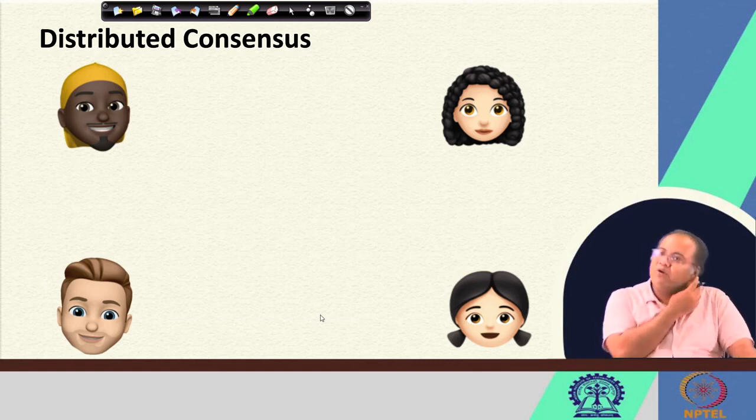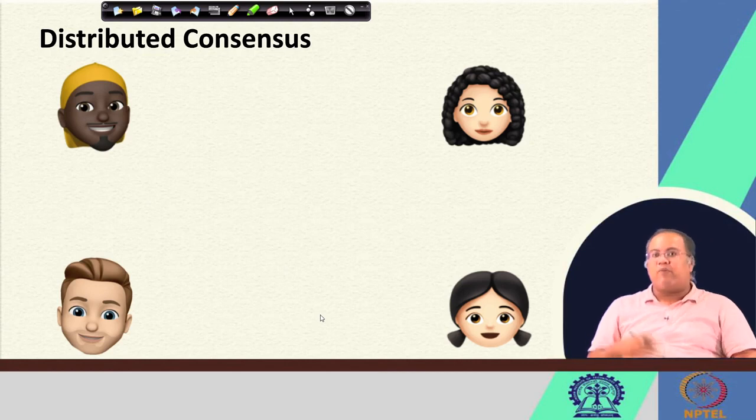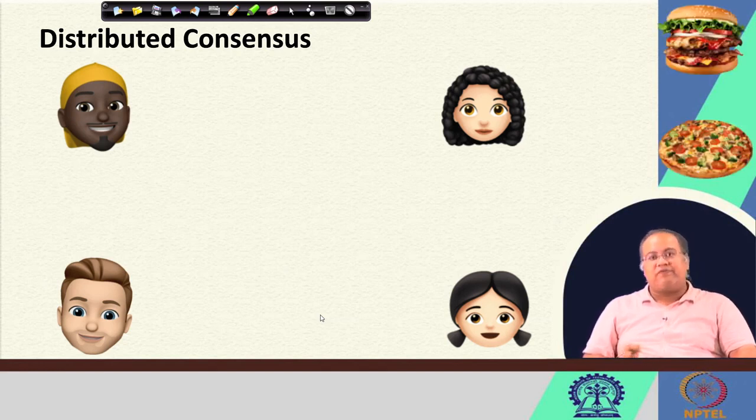Well, one way of deciding it is that someone among you becomes a leader. That means that person makes a call to everyone, gets their choices, and after getting their choices, that person decides where to go and informs that choice to the others. Again, what you are doing here is relying on one of your friends.